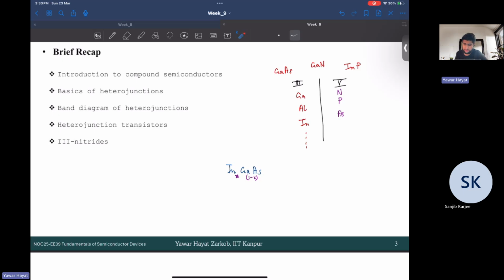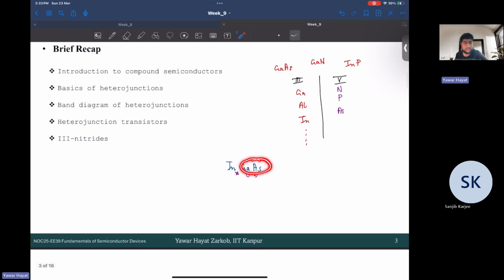For example, if x is 0, then what is this compound? This would be gallium arsenide, because if this is 0, this is 1 minus 0, which is 1. So x equal to 0 corresponds to gallium arsenide.